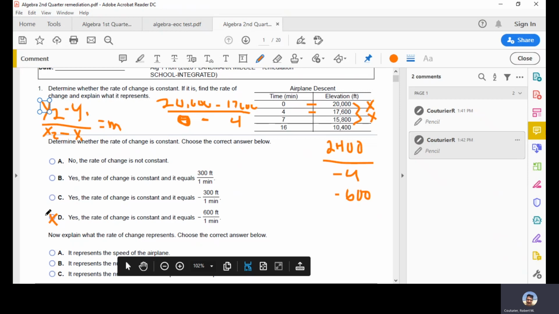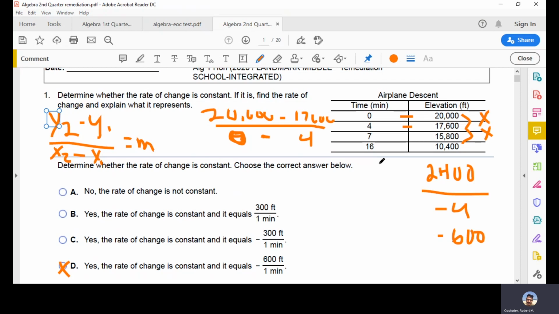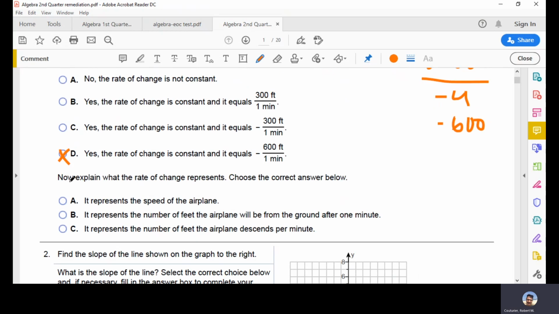A table of values is nothing more than a bunch of individual little points that you can put together. You can stick it into your formula and then simply find your slope. Let's look at the next one. Explain what the rate of change represents. It says it represents the speed of an airplane. Sort of. It represents the number of feet the airplane will be from the ground after 1 minute. Okay, maybe. It represents the number of feet the airplane descends per minute.